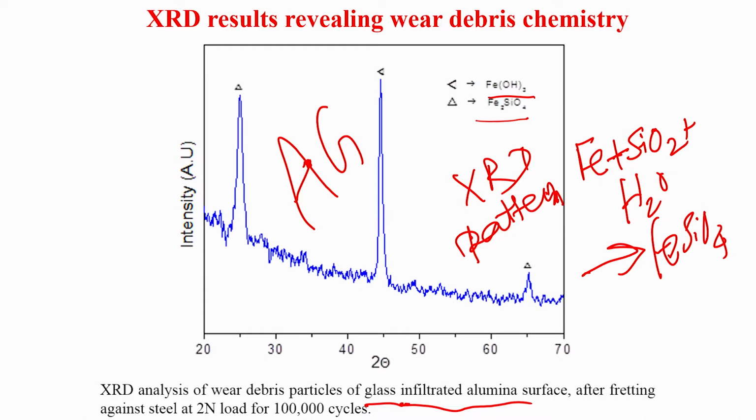But the X-ray peaks are quite sharp, essentially showing that the phase formed after the friction fretting wear of these materials are crystalline phases. So, this crystalline iron silicate or Fe2SiO4 and hydroxide both are formed after the fretting at 2 Newton load.